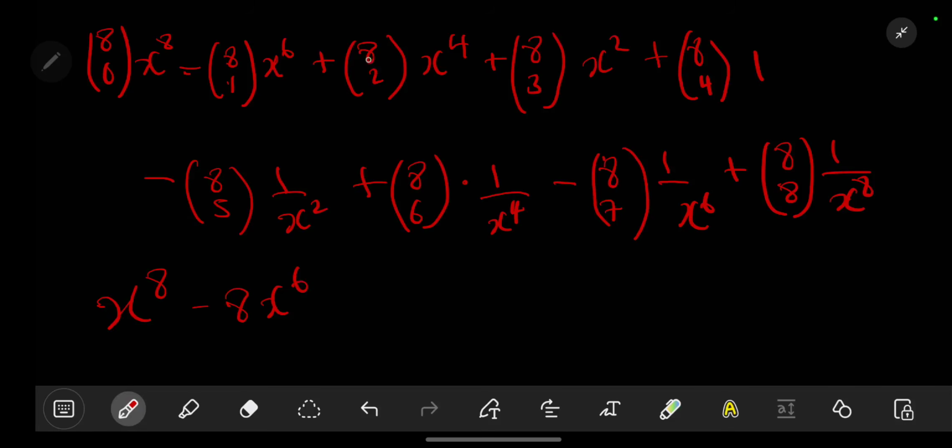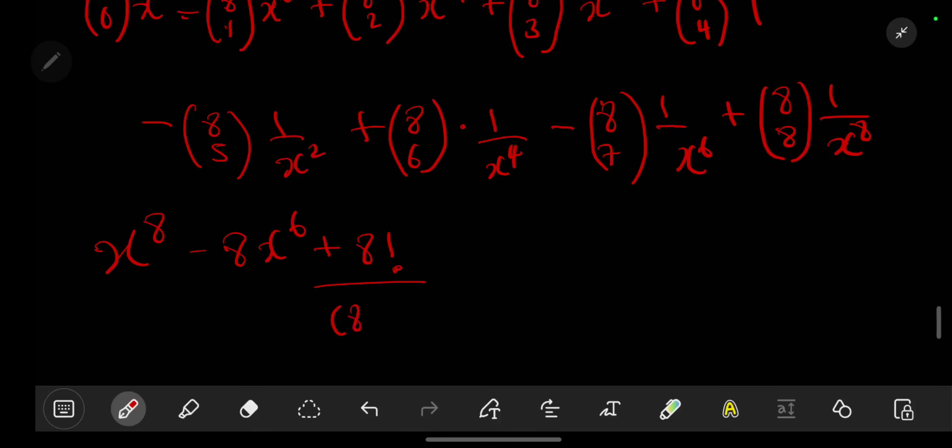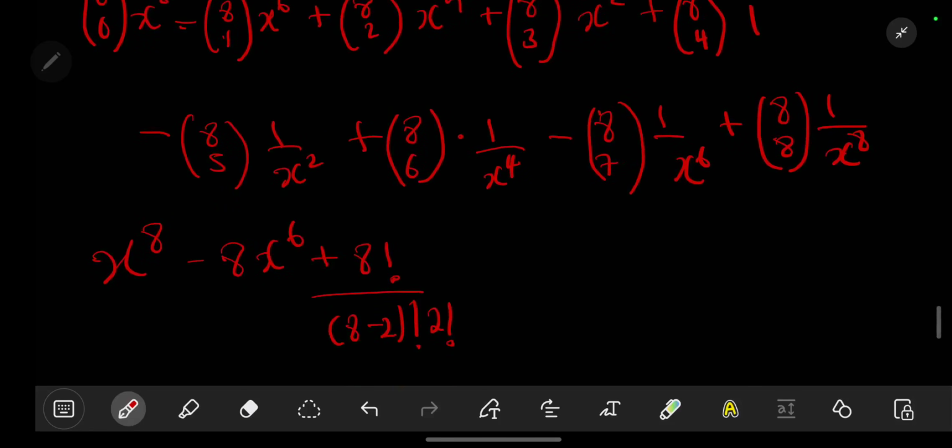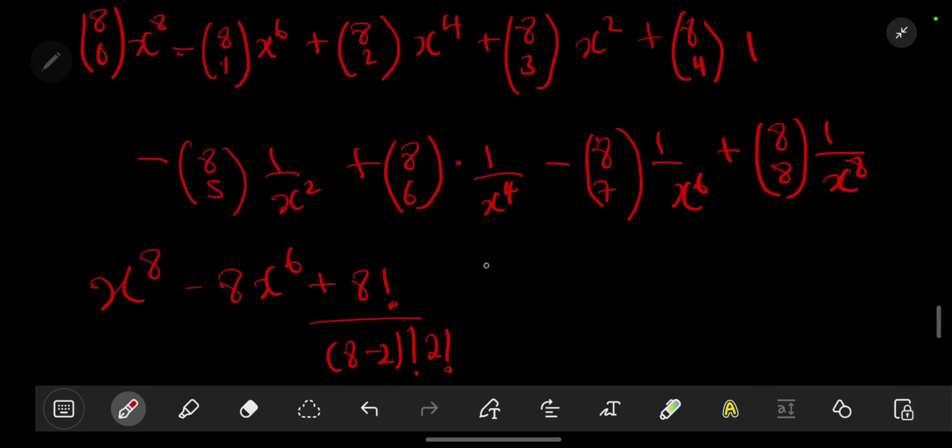Now here we need to do some math, so we are going to have our 8 factorial over our 8 minus 2 factorial, times 2 factorial, times x to the power of 4. We continue this until these two terms, 8 combination a number less than it by 1, is just itself.